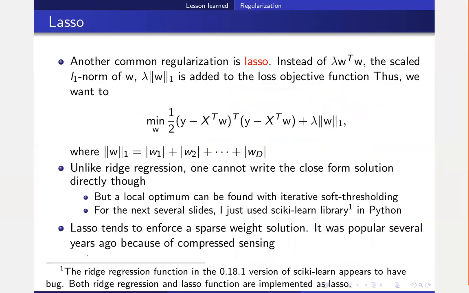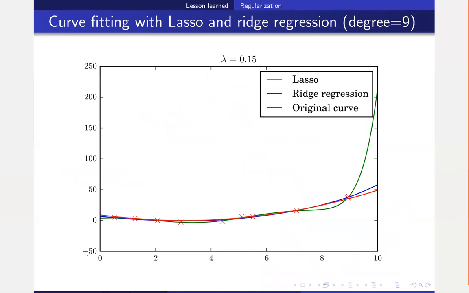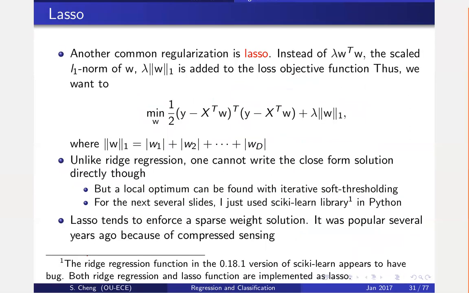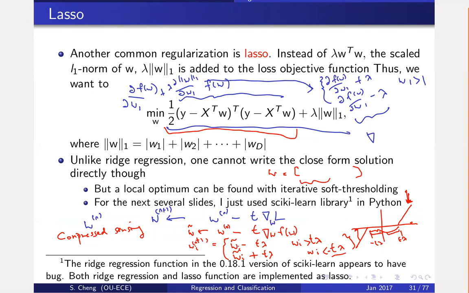This is Lasso. I ask you to try Lasso as well in the next homework. For that one, I don't need you to implement it like this. I guess you may use scikit-learn to train your model. But for this assignment, I really want you to do it from scratch, because it's so simple.